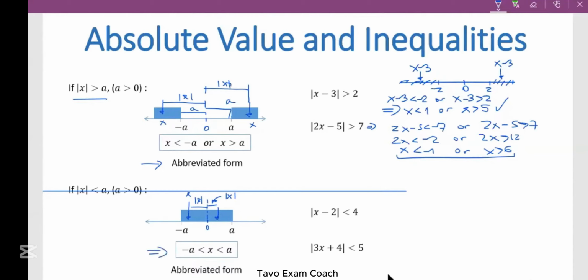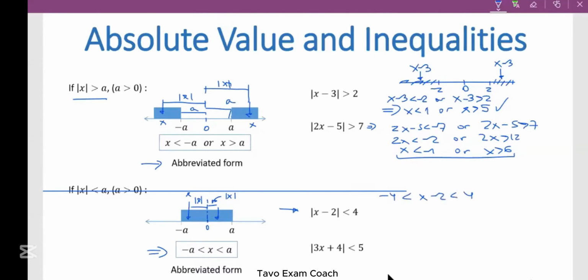It's a closed range where we must find the value of x, for the distance of x to 0 to be less than a units. So let's apply this abbreviated form to our examples here. If the absolute value of x minus 2 is less than 4, that means that x minus 2 is greater than negative 4 and less than 4.